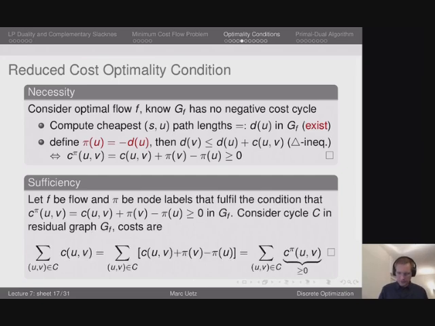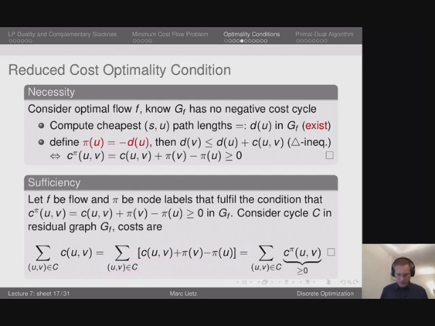Okay, so considering an arbitrary cycle in the residual graph G_F, what are the costs of that cycle? Well, that's just the sum of the costs along the edges of the cycle. But now, since this is a cycle, I can replace the costs by the reduced costs, because all the potential terms will cancel each other out in total, just because we are summing over a cycle.